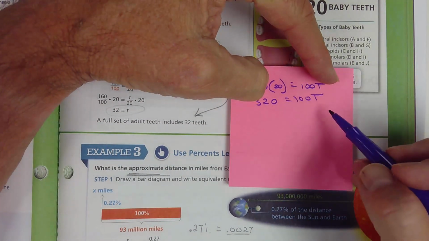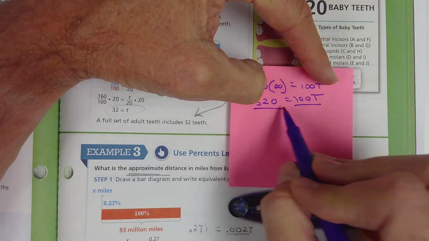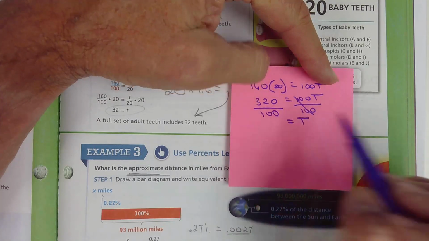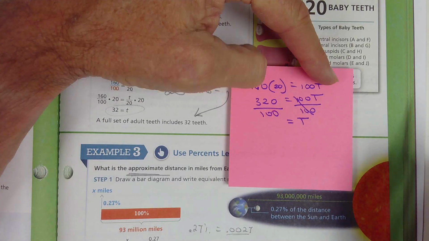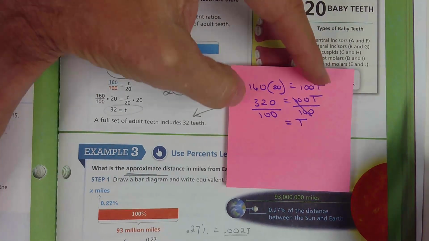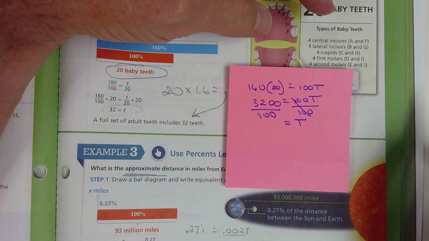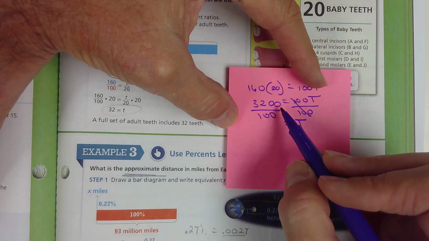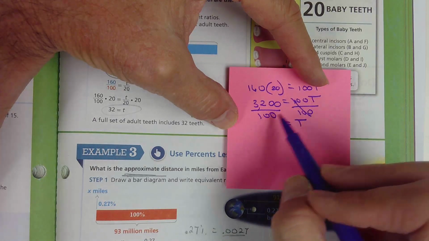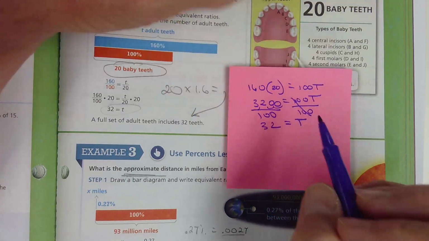So what's happening to the t? It's being multiplied by 100. What's the opposite? It's division. We're left with t on this side. 320 divided by 100. Oh, I made a mistake there somewhere. What did I do wrong? Oh, it should be 3,200. Yeah, is that what you saw, Mr.? Yep, okay. So I forgot to add a 0. It's 3,200. So divide that by 100, you'd move the decimal 2 places, and again, you get the 32 teeth.